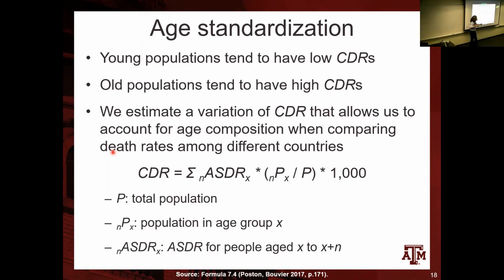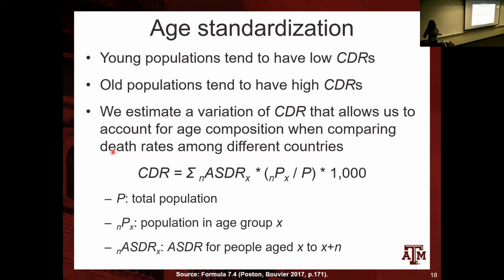By saying what? If I have these mortality levels from Venezuela and I apply them to a population of the US, how many people would die for every 1,000 people, right? And for the US, I don't have to change anything. But what I have to have is for both crude death rates, use the same proportional distribution of the population by age group. That's the exercise of age standardization.